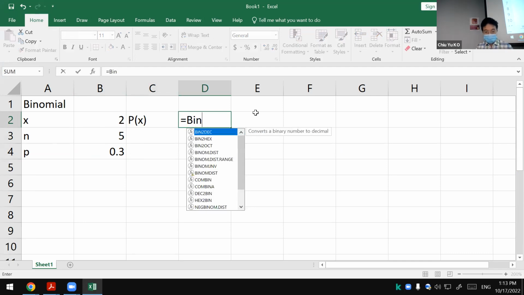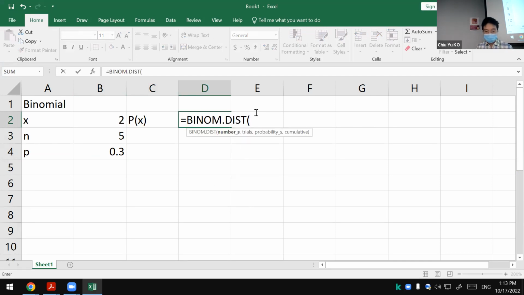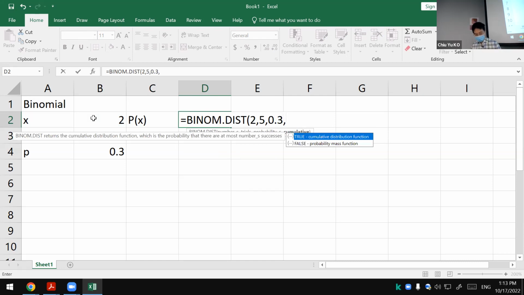It's just a binomial distribution, BINOM.DIST, entering the inputs: X is 2, n is 5, P is 0.3, and remember, when we talk about the big P, it's always false.